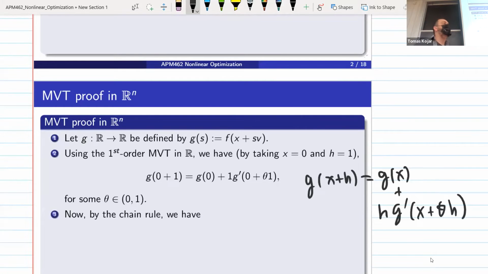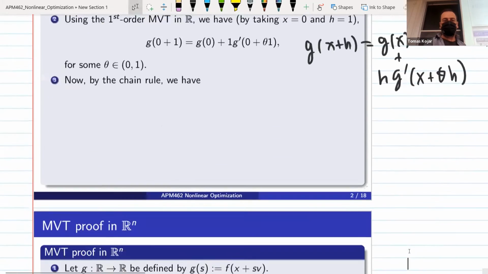So this is the 1D mean value theorem. Here we apply it for x equals 0 and h equals 1. You'll see why. This is like a small step. I know this might seem a little bit off, but we'll apply it right next to it.